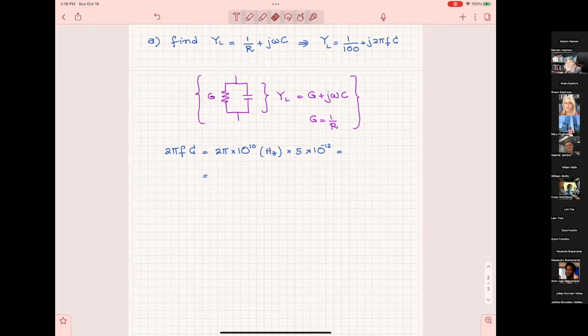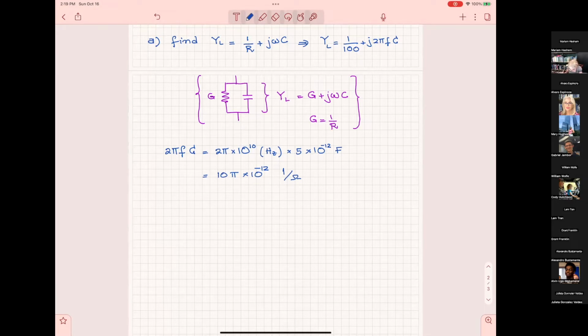Okay, 5, so it's going to be 10 pi, 10 to minus 12, and that is going to be 1 over ohm. All right, at the end, because you remember this one was picofarads, therefore 10 to minus 12 makes it farads, and farads times hertz makes it 1 over ohm.